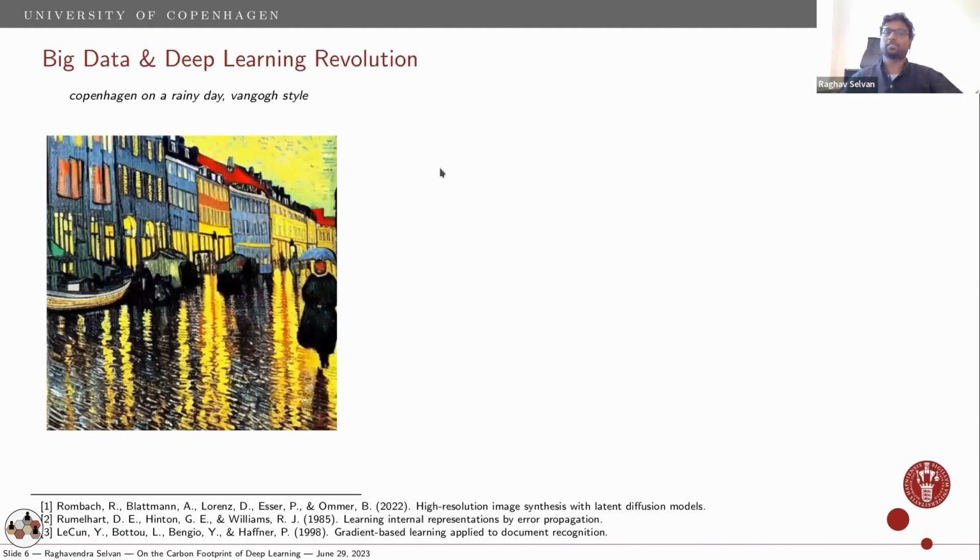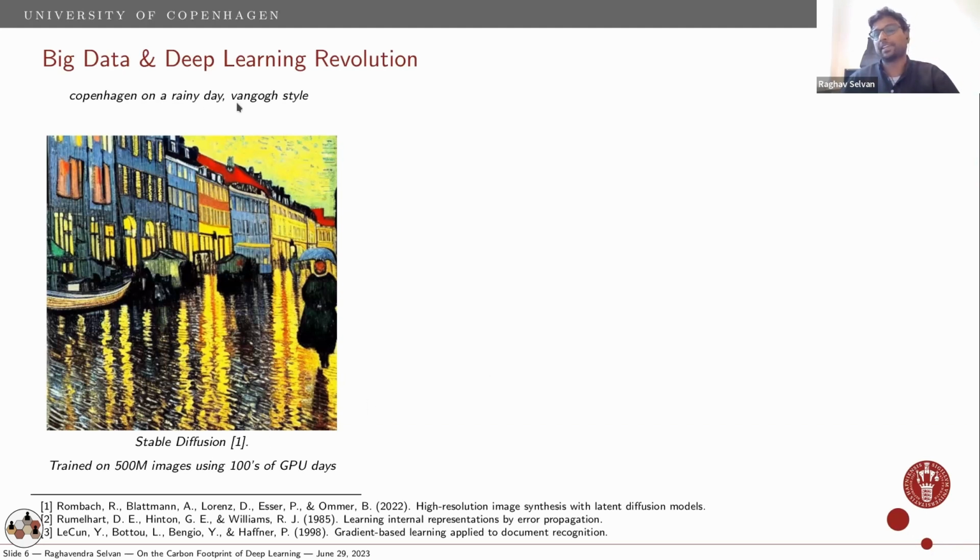But before that, I love this image that was generated before ChatGPT took over. There was a small string of other text to image models where some of us at least would have tried playing around, typing in crazy prompts and seeing what these models were generating. And this is one of those models. It's called Stable Diffusion.